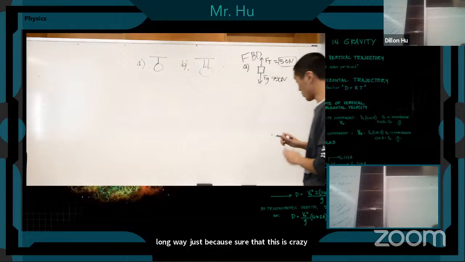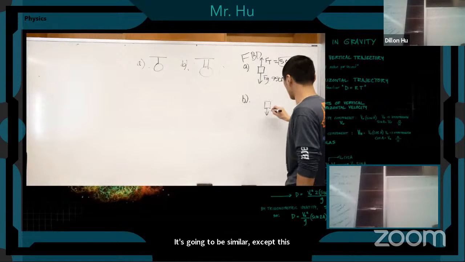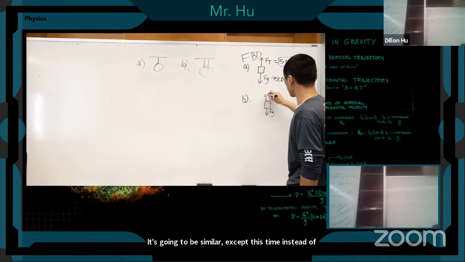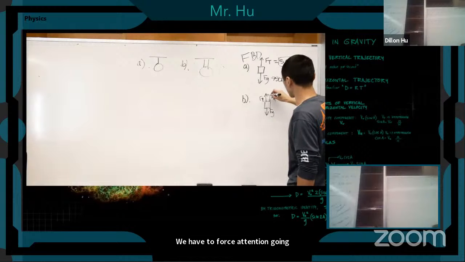The second one is going to be similar, except this time instead of one force of tension going up, we have two forces of tension going up. These two forces of tension are equal to each other because these two cables are identical and they're not pointing at angles or anything.